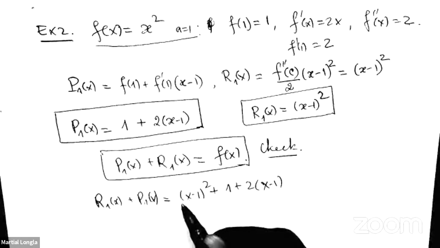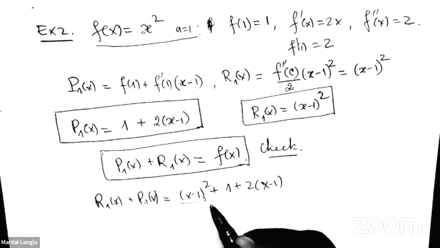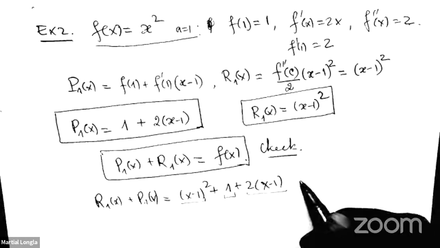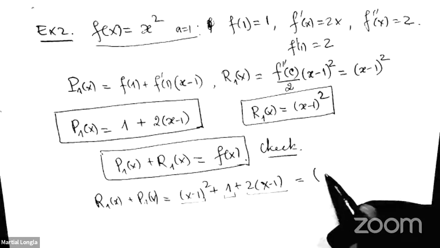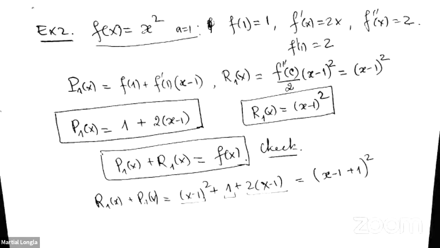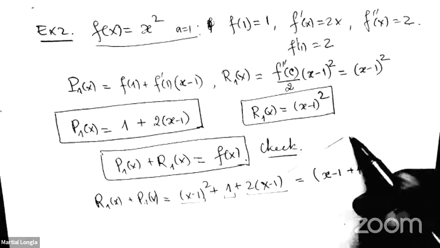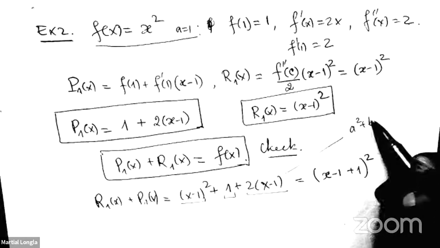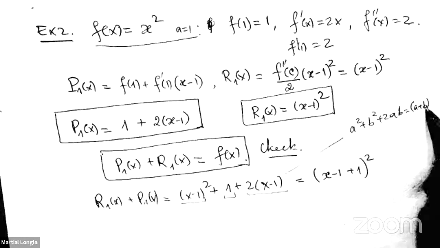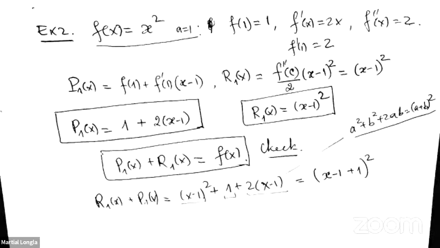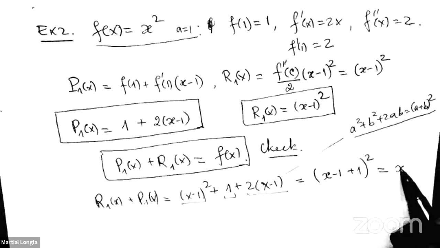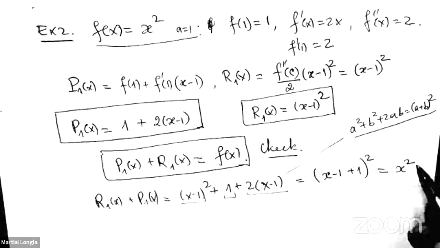And that is like a squared plus b squared plus 2ab, which by the formula equals a plus b squared, so x minus 1 plus 1 squared. And x minus 1 plus 1 is x, that's x squared, and x squared is really f of x.